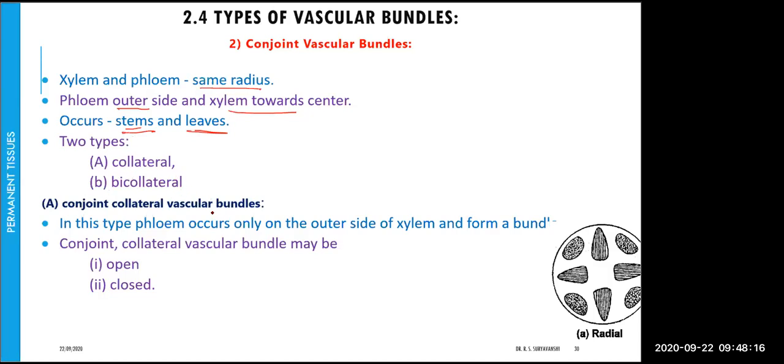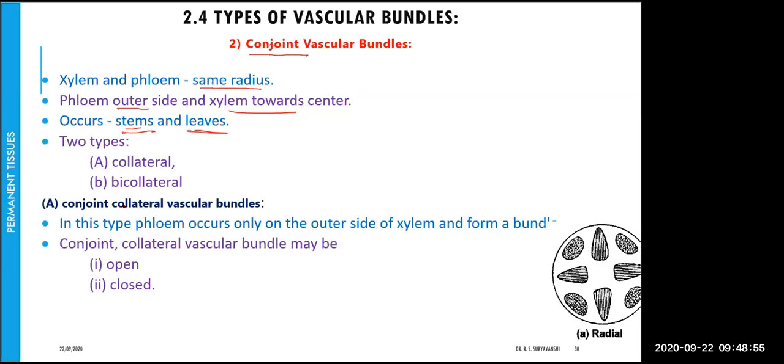Once again, conjoint vascular bundles are of two types. One is collateral and second one is bicollateral. Now, what is the difference between collateral and bicollateral? We'll see. Before that, up to now what we have covered, the vascular bundles are of three types. One is the radial and second one is the conjoint. And in the conjoint, the first classification is collateral and bicollateral.